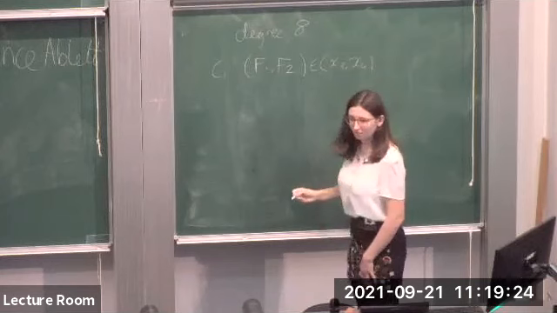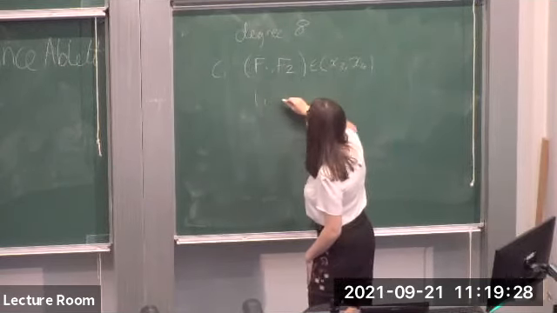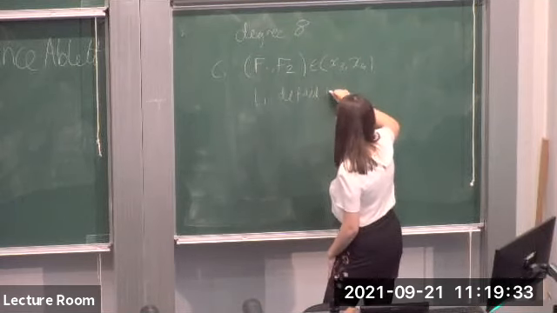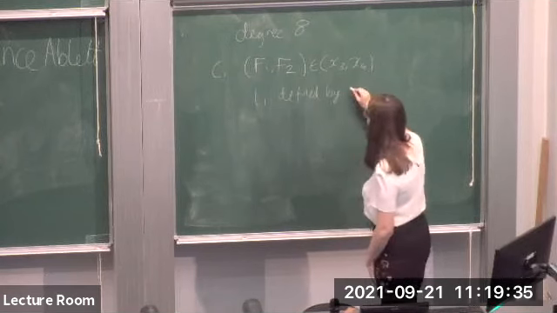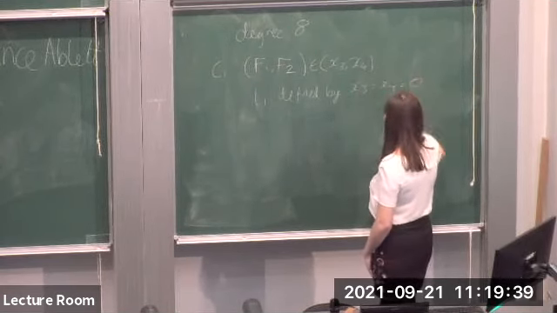So C1 will be residual to the line I'm going to call L1, defined by X3 equals X4 equals 0 in that copy of P3.